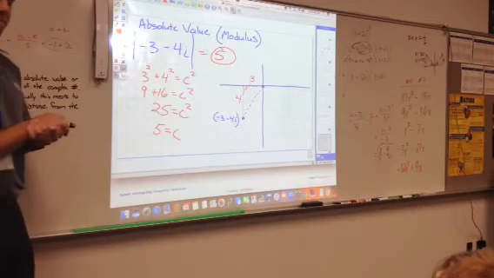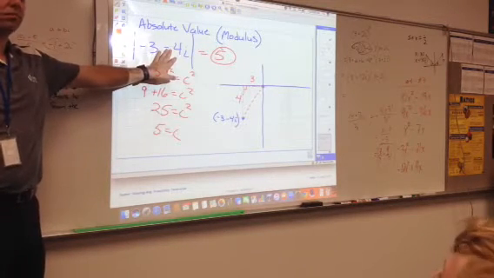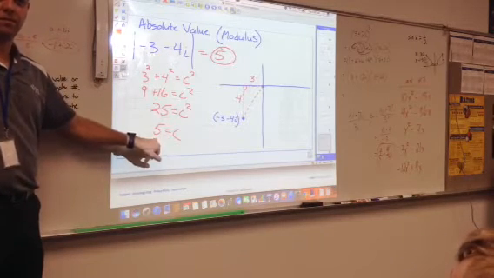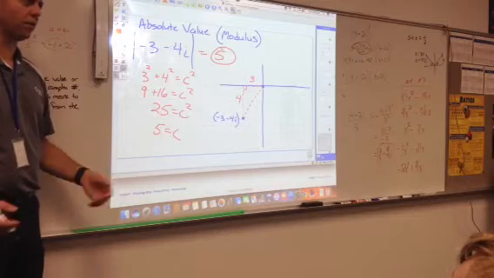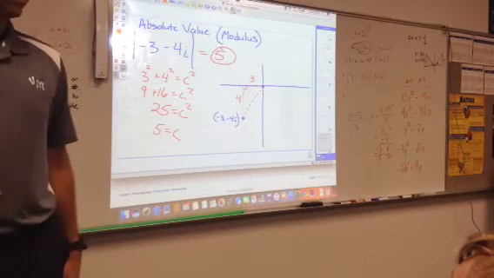Any questions on that? Don't give me decimals. If the radical doesn't come out to be a nice number, just give me simplest radical form, like 4 radical 2, 2 radical 5.